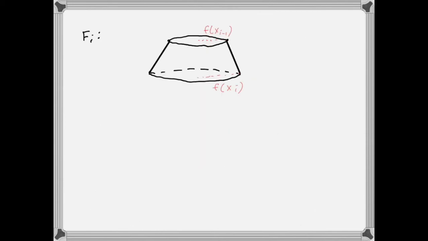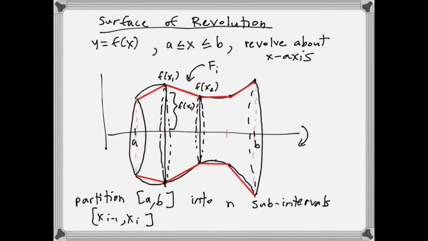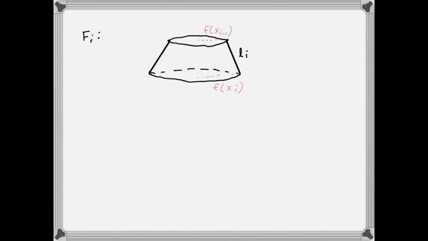So this distance right here, the length, we can go ahead and call L_i. And if we go back to our picture, this would be L1, this would be L2, this would be L3, and so on, okay? Actually, I guess we should start with 0. It's not really going to matter. So, as usual, what we need to do is figure out what these lengths are, okay?